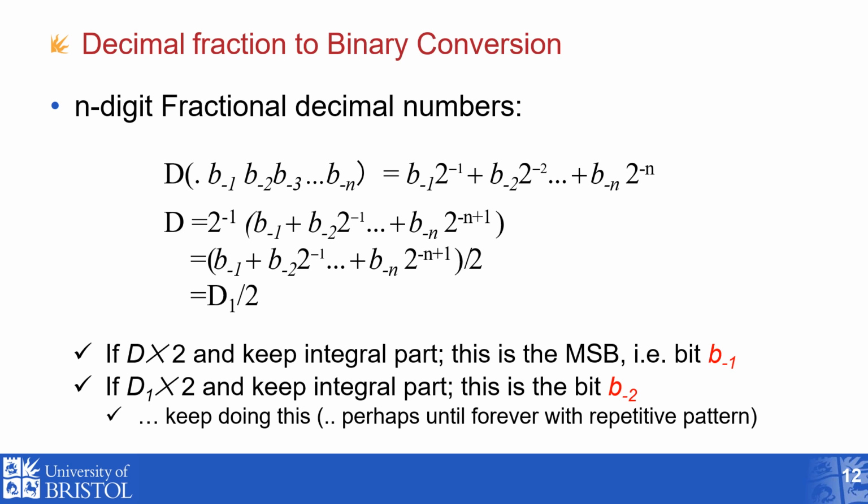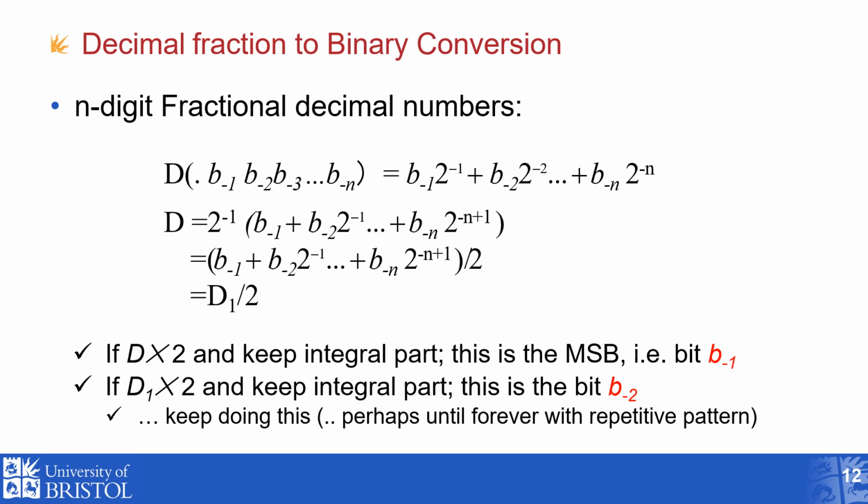Now, let's see what happens when we deal with the case of the decimal fraction of a binary number. Before I start explaining, we use some sort of the same rationale, only this time everything is reversed.